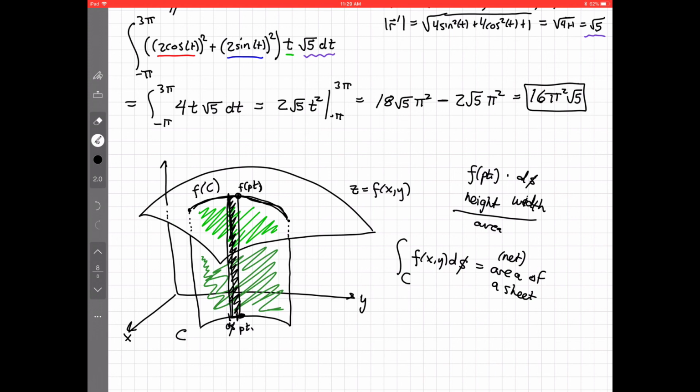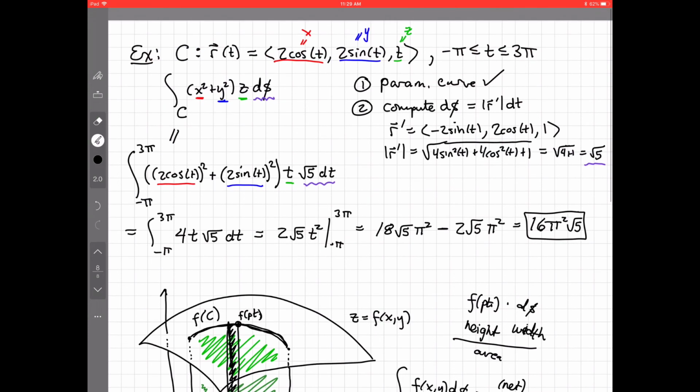It shouldn't be too surprising, right? Definite integrals generally compute areas under curves or net areas under curves. And so this is still doing the same kind of thing, but it's the area under a curve drawn on a surface. So it's the area of, again, a flat sheet, but a sheet that can wander through 3-space. Now, the integral we just calculated above was for a function of 3 variables.